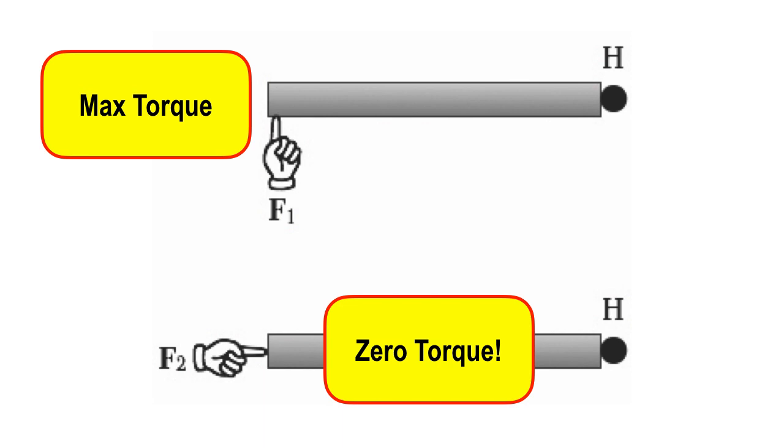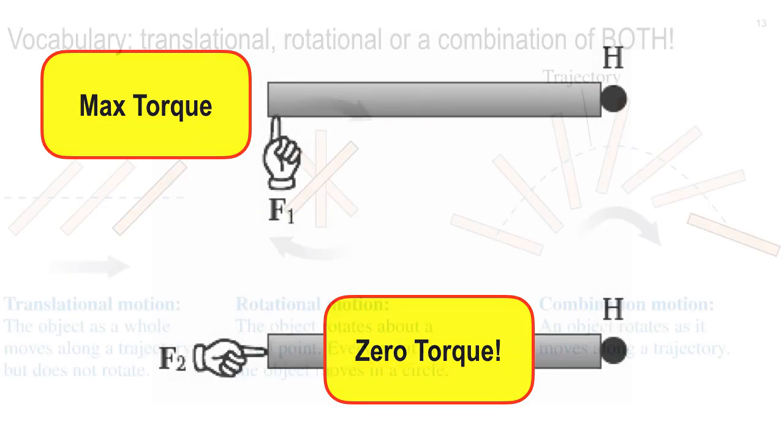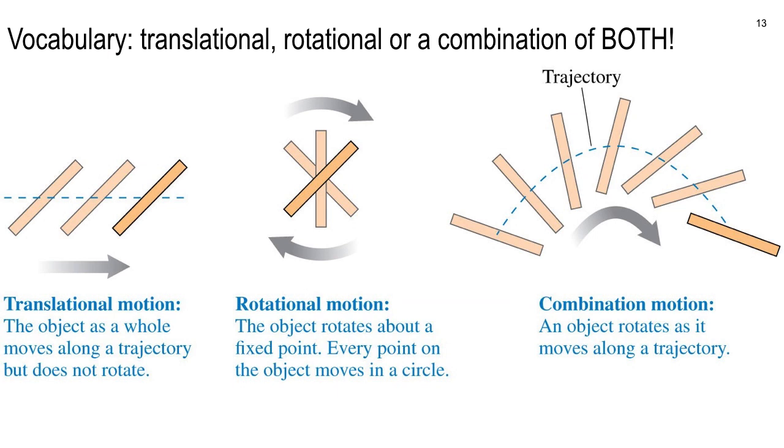Here's a set of vocabulary terms that I want you to also make a note of. Translational and rotational. If you put a force on the center of mass of an object, something like a door, fairly uniform material, it's going to be pretty much the center.